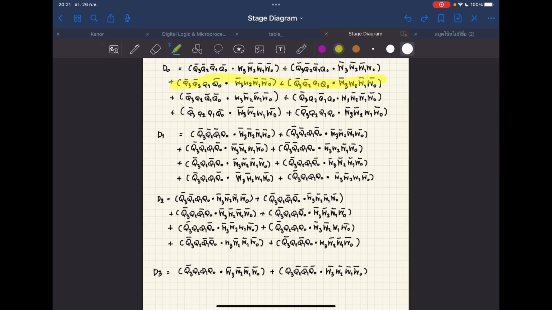This one is the same as this one. Yes, and also this equation is the same as this equation.